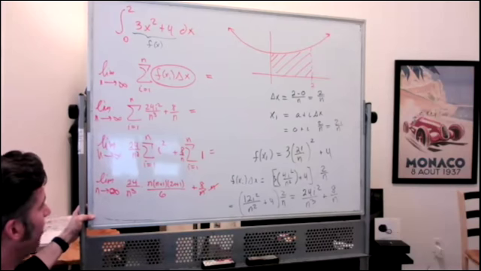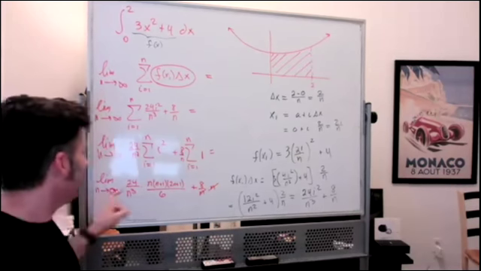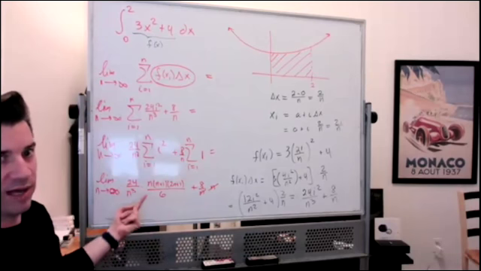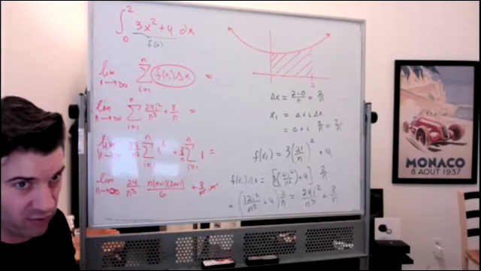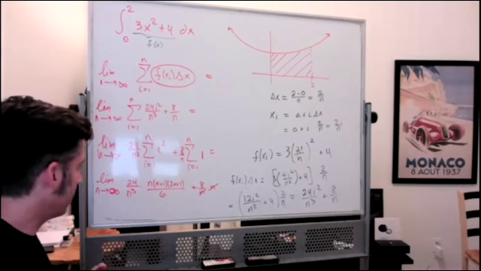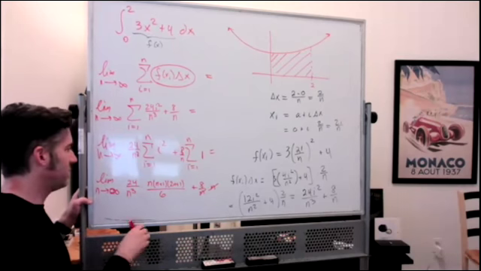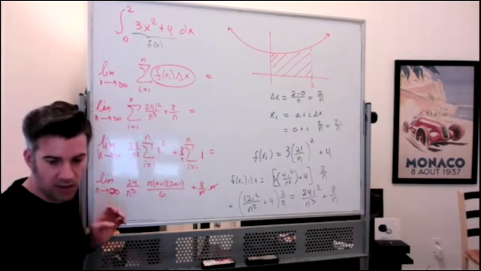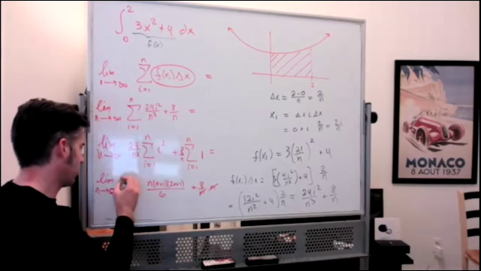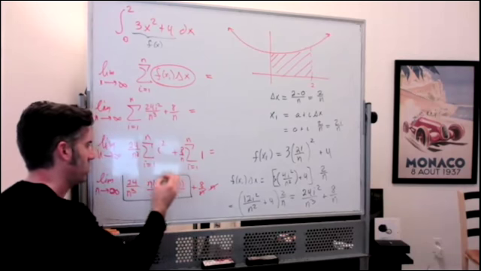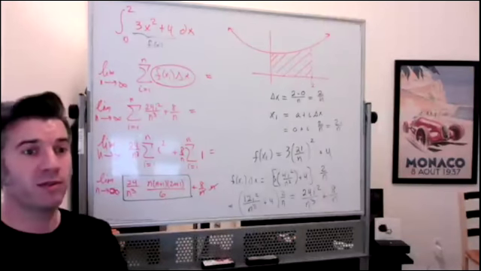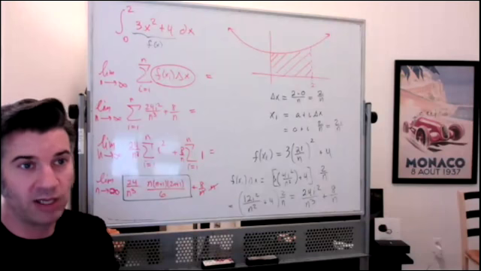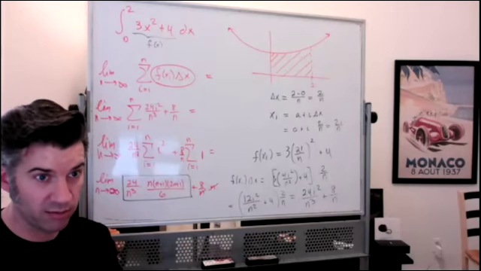So here's the thing. I really don't like to have to multiply out n times n plus 1 times 2n plus 1. And I really don't have to. Here's what we can see. In this rational expression, if you were to multiply out the bottom, you would get a 6n cubed.